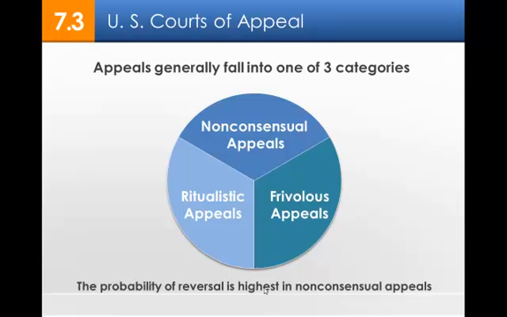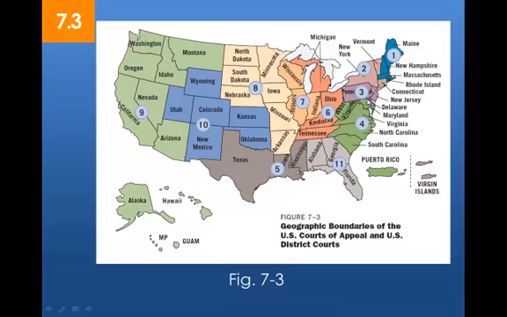The appeals usually fall into one of those three categories. And the non-consensual are the ones which probably bring about the most change. Frivolous means there isn't much change. Ritualistic are automatic appeals, like death penalties and things like that.